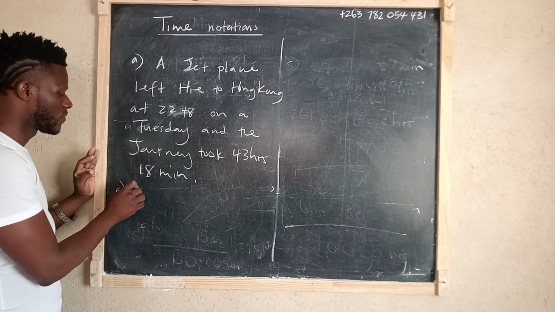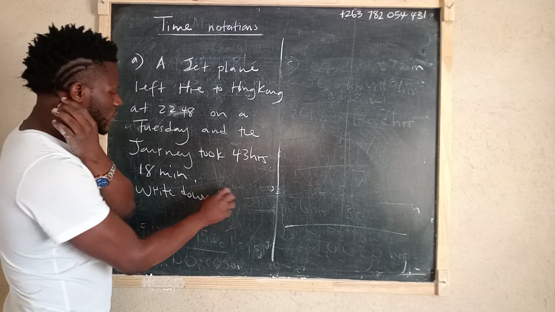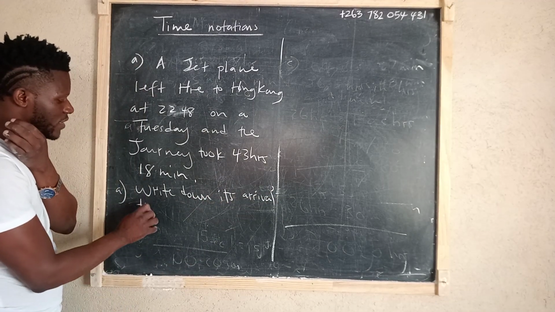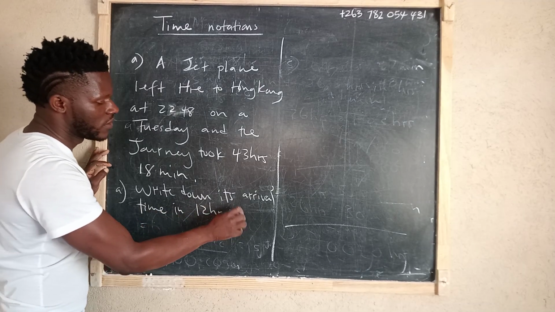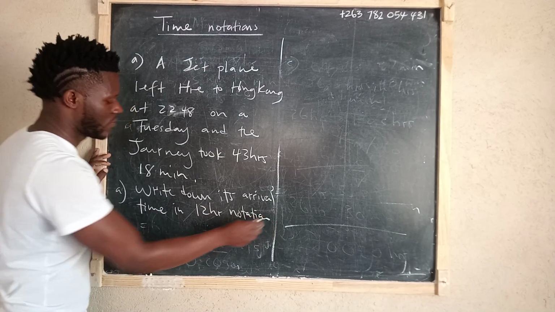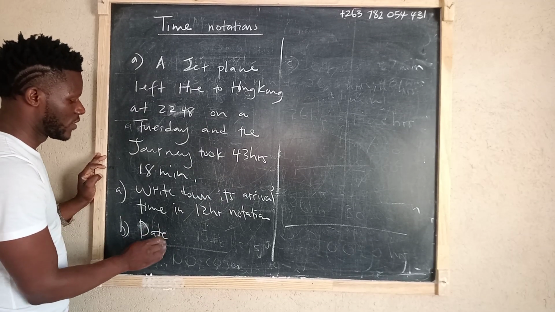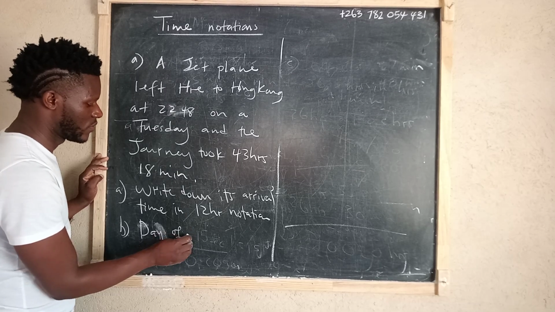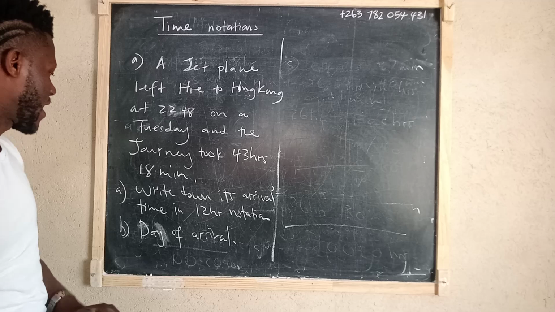Number A, write down its arrival time in 12-hour notation. Number B, the day of the week of arrival.